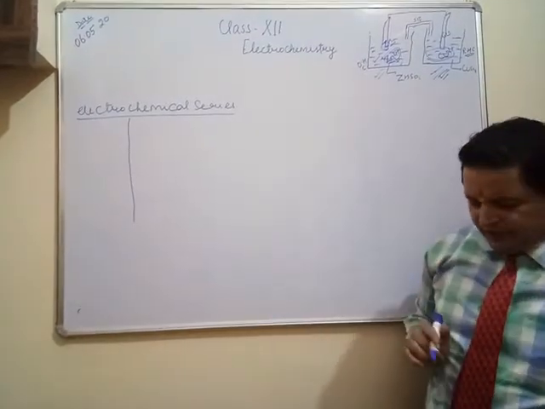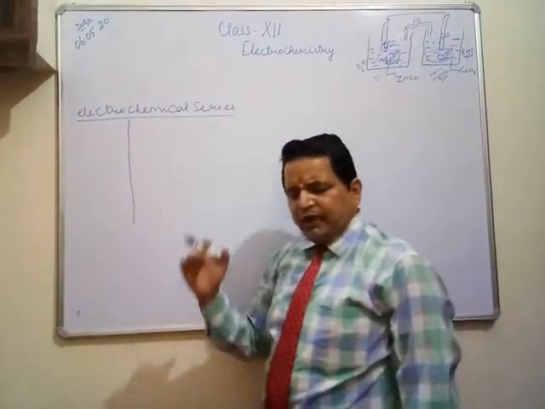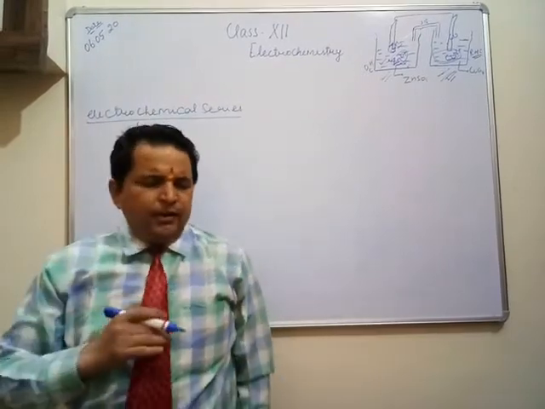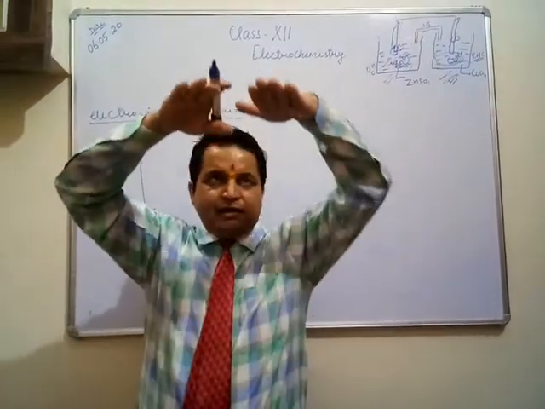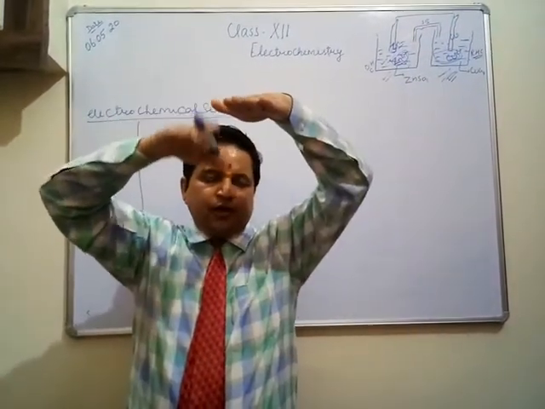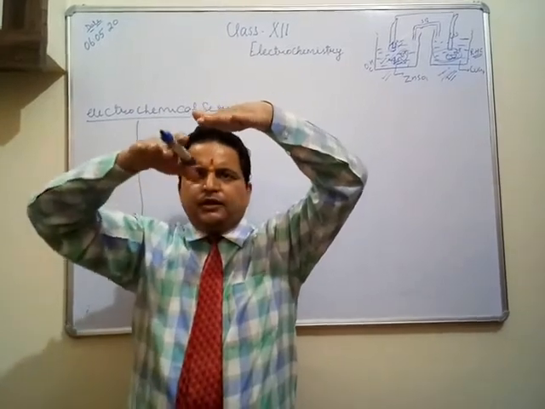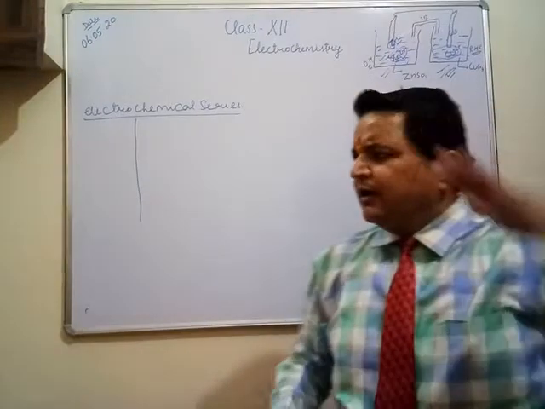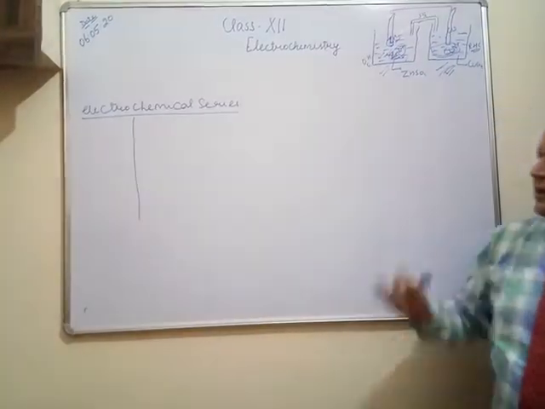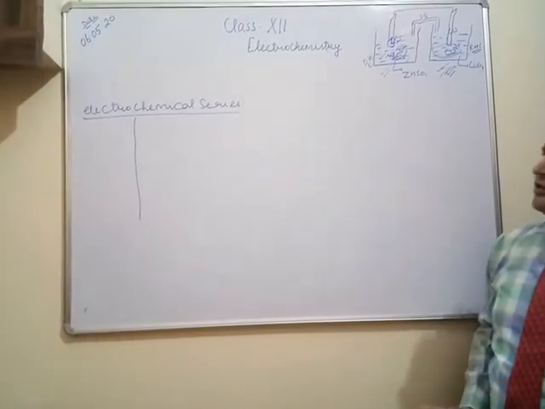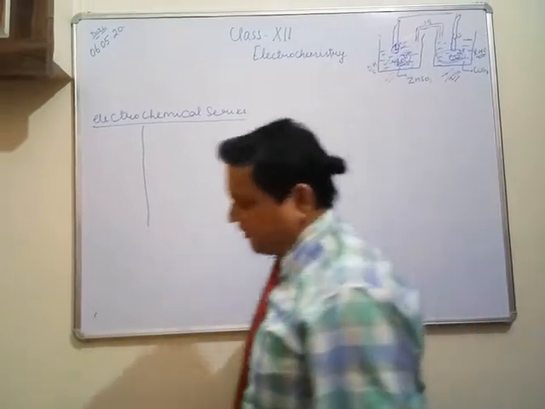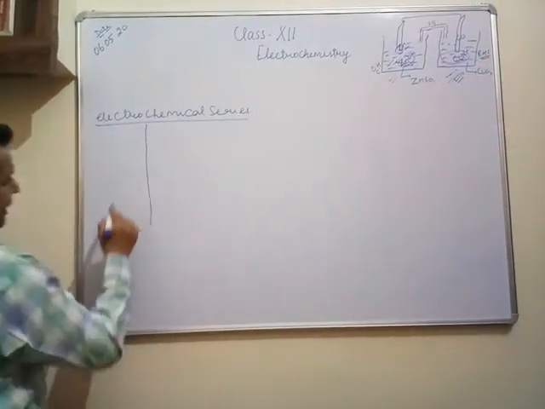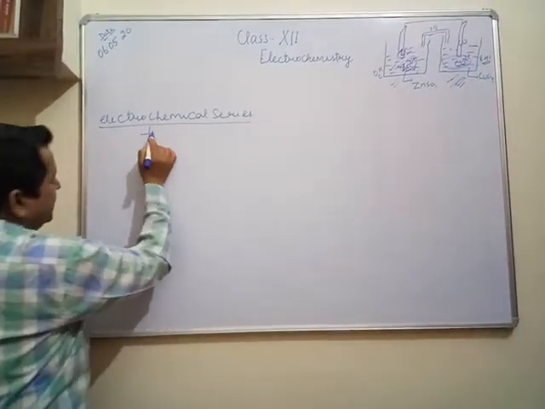You have studied there that at the top there is potassium, then sodium, right? So many metals are arranged in increasing and decreasing order of their reactivity. The upper metal is more reactive than the lower metals. Similarly here, the electrode potential of different electrodes has been given in that particular series by the experimental values.